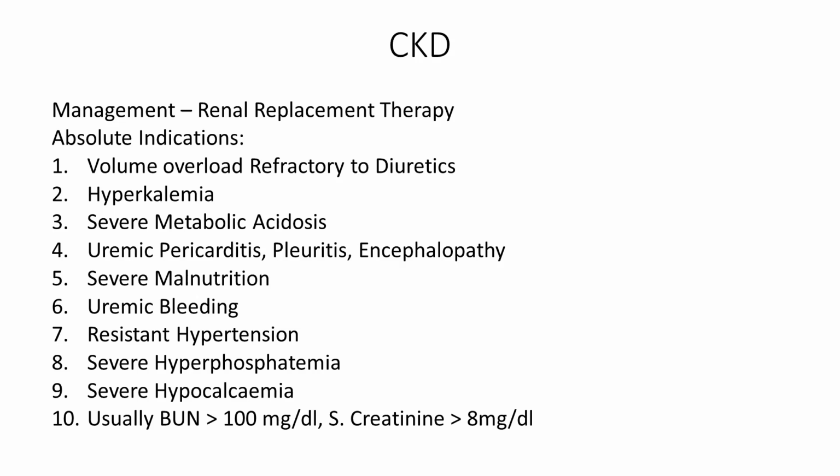These all are absolute indications for renal replacement therapy. And the rule of thumb is that usually if the patient has got a BUN of more than 100, that is urea of more than 220, and if the creatinine is more than 8, even if the patient has got no symptoms, it is always advisable to start renal replacement therapy.